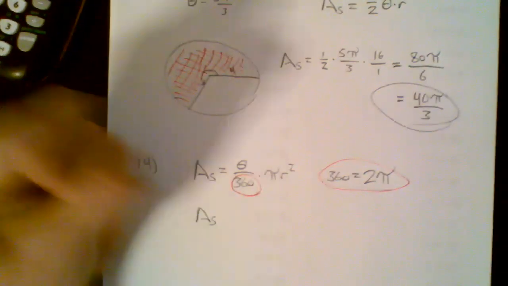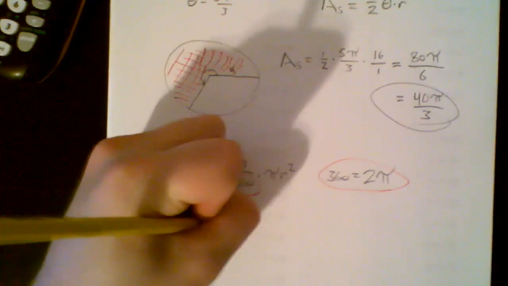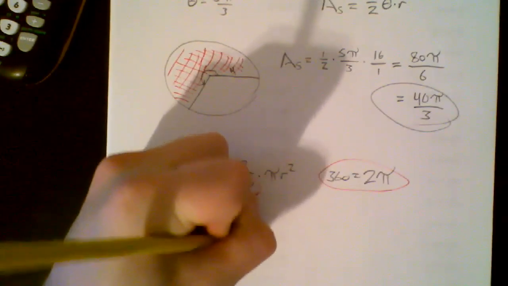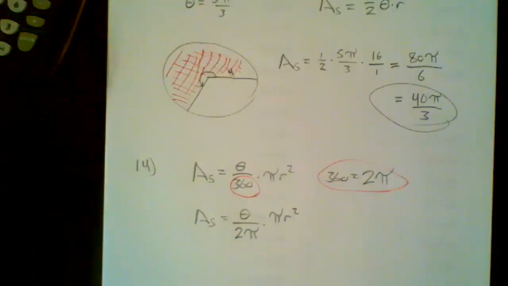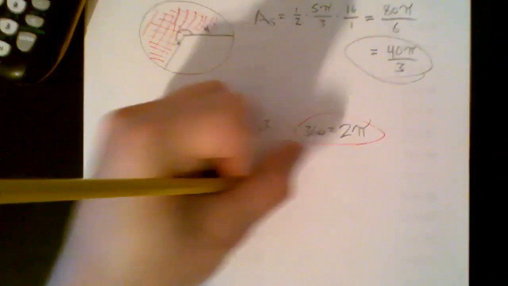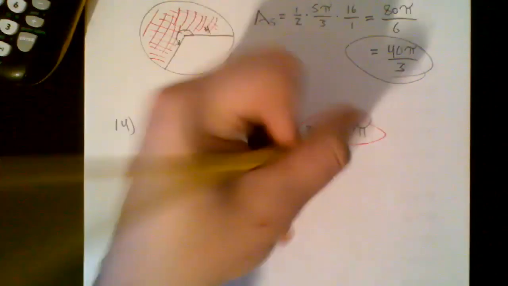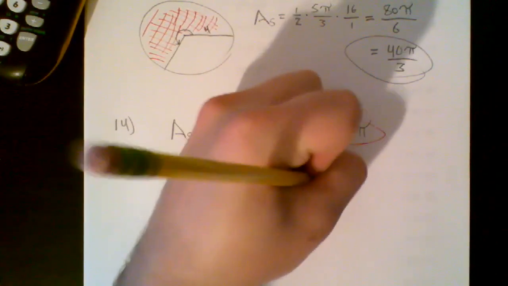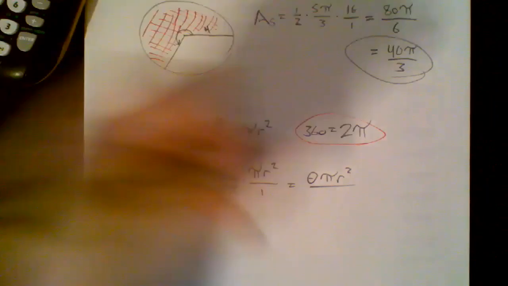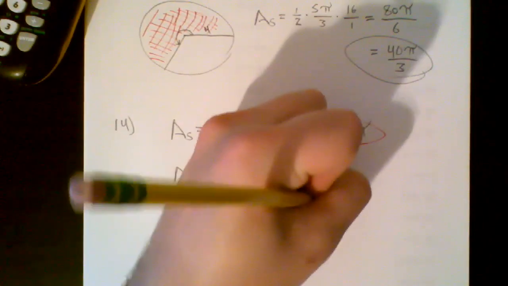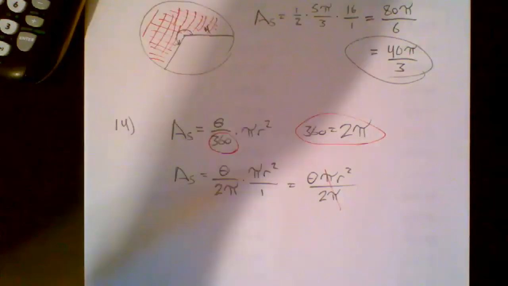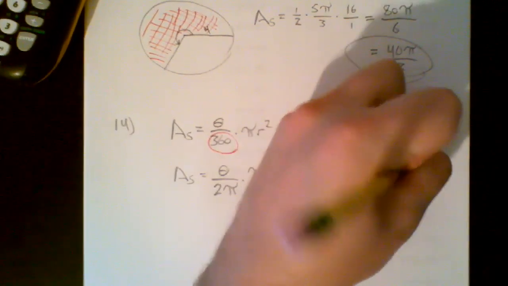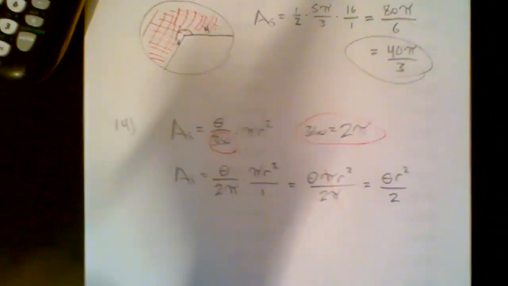The area of the sector is equal to theta over 2 pi times pi r squared. Let's turn that into a fraction, which gives us theta pi r squared over 2 pi. Notice how the pi's cancel in this case, so we are left with theta r squared over 2.